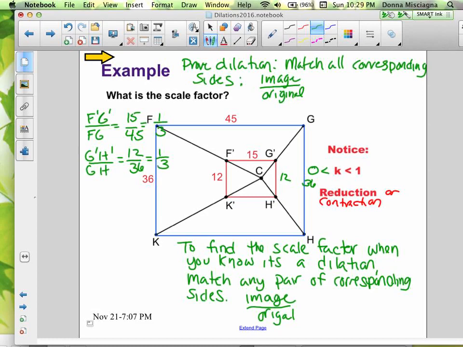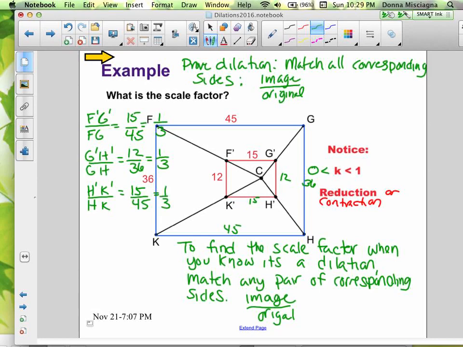Because 12 divides into 12 one time. 36 divided by 12 is 3. Now we need H prime, K prime to HK. All right, so H prime, K prime, that's 15. And HK, that one is 45. So of course that's just going to be 1/3 because we already had that.